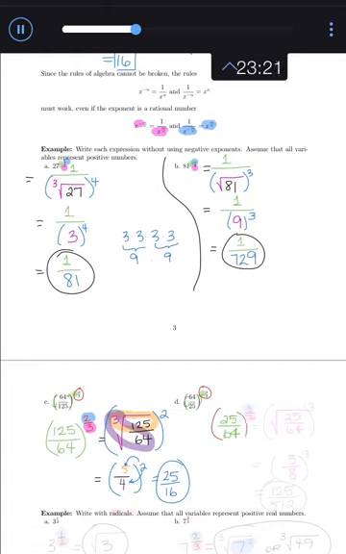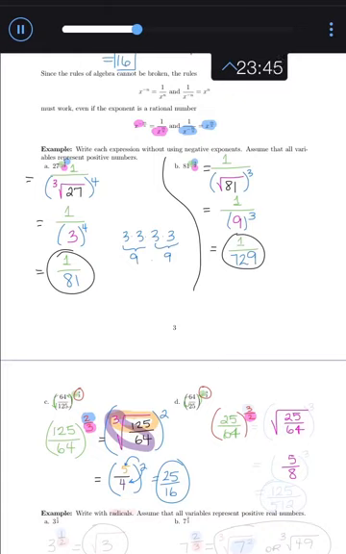So that will turn into a positive 3 halves. Then the question becomes, what does that 2 on the bottom do? Well, that will take the square root of that entire fraction, 25 over 64. Well, the square root of 25 over 64 is 5 over 8.